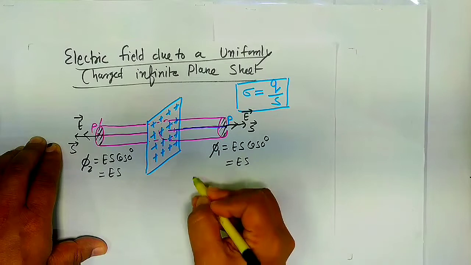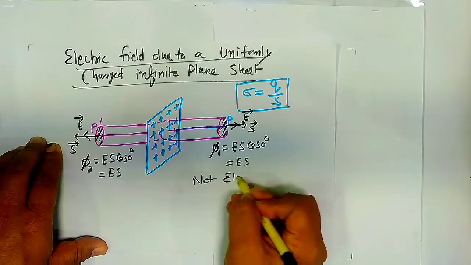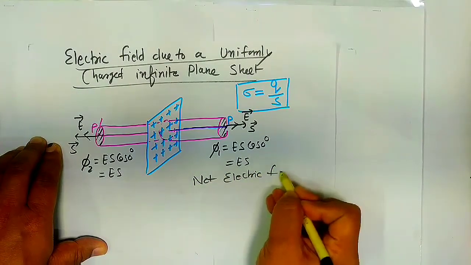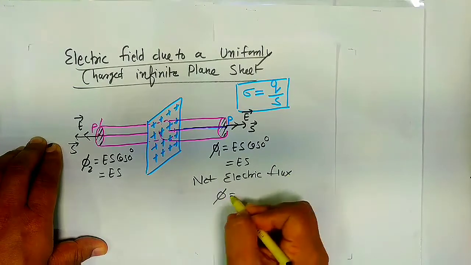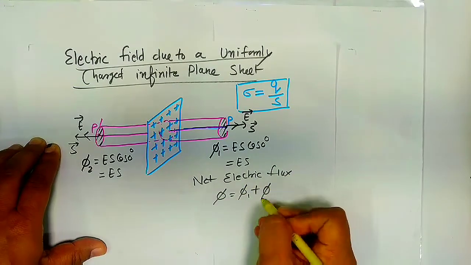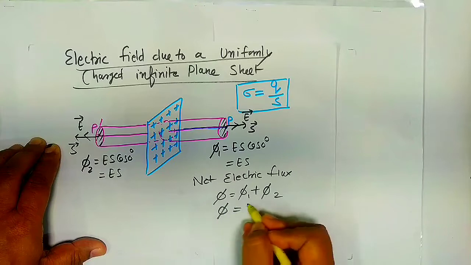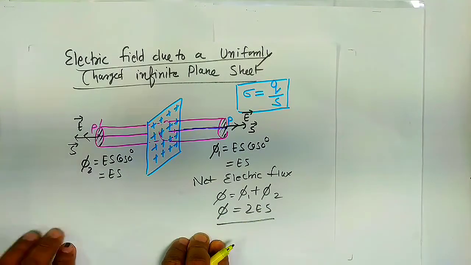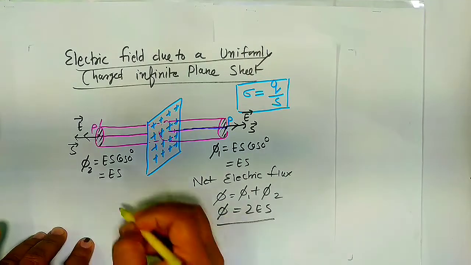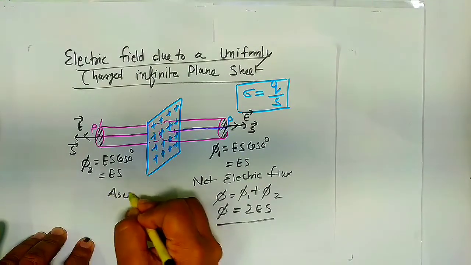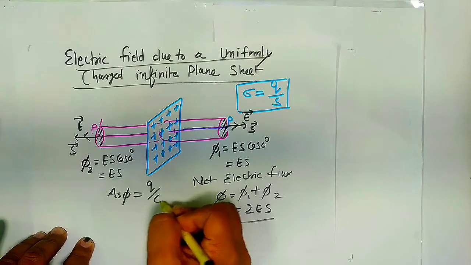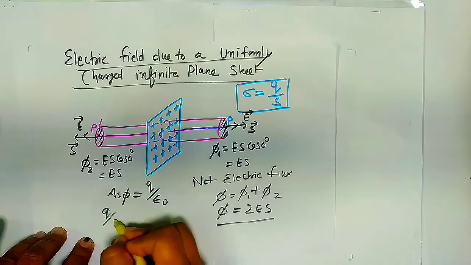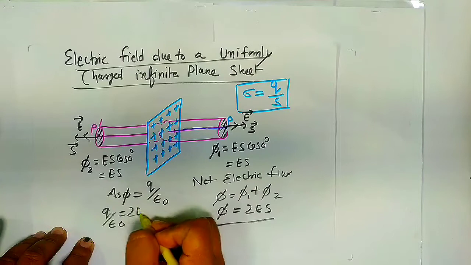So the net electric flux, very easy: phi 1 plus phi 2, which will be 2ES. Got it? The total electric flux is 2ES. Now phi is Q by epsilon naught, so Q by epsilon naught equals 2ES.